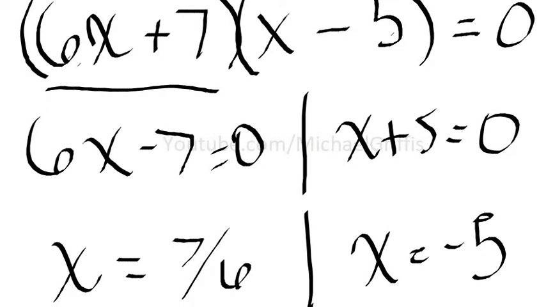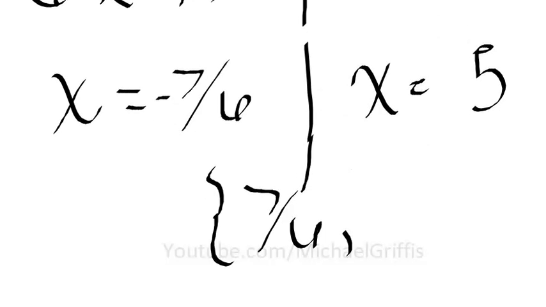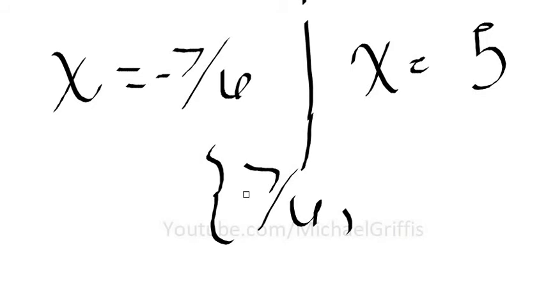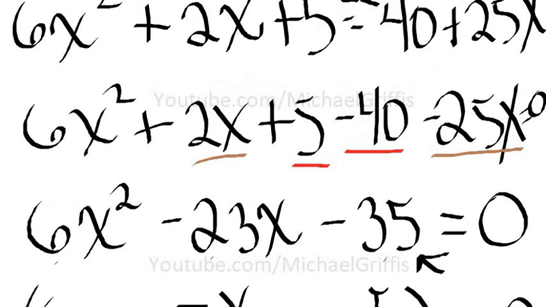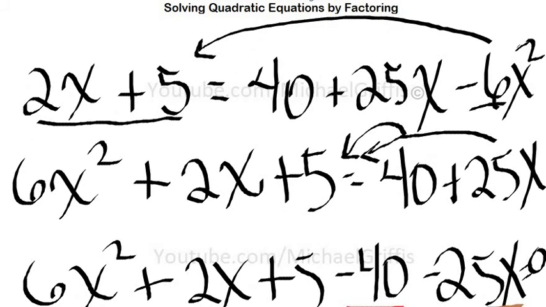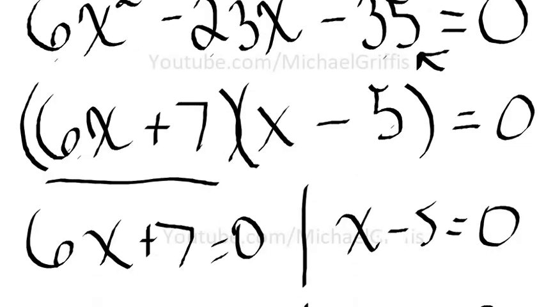So that should be a plus sign. There we go. So that's a negative, and we wouldn't write a positive sign there. We just don't write anything at all. So the solution set is negative 7/6 and 5. Of course, when we went up here and checked our work by plugging it back in, we would have known we'd made a mistake.